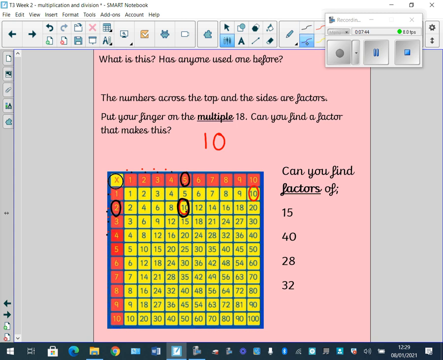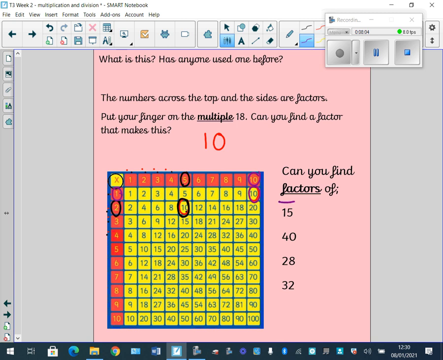Let's look at this other 10 over in the corner. If I go up, 10 is a factor, and 10 times 1 equals 10. So 10 and 1 are factors of 10.